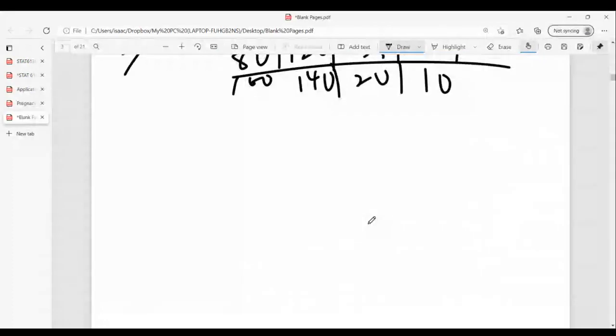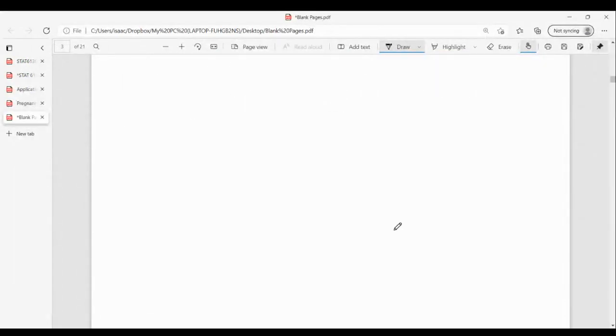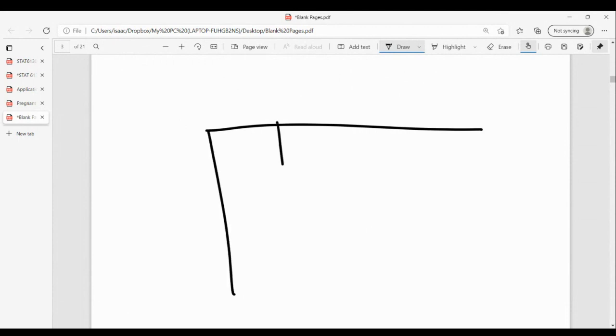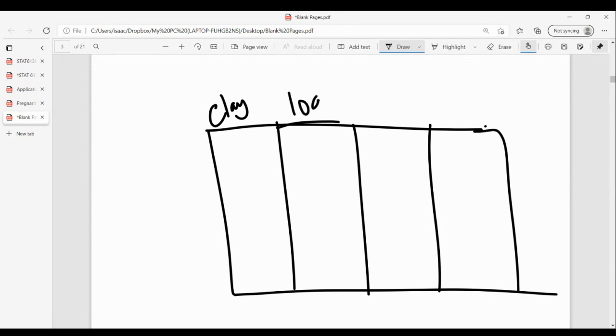Now, suppose you come across a situation like this. You have a piece of land, but this piece of land is kind of strange, meaning that you have this whole block here, this first block, is clay. This whole block here is loam.